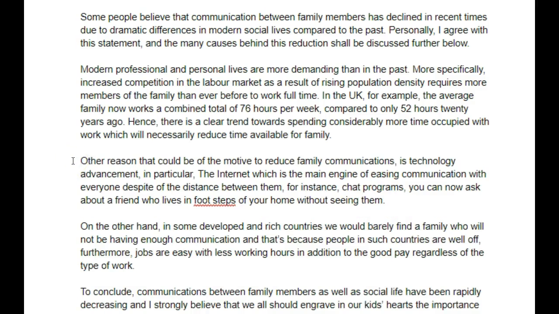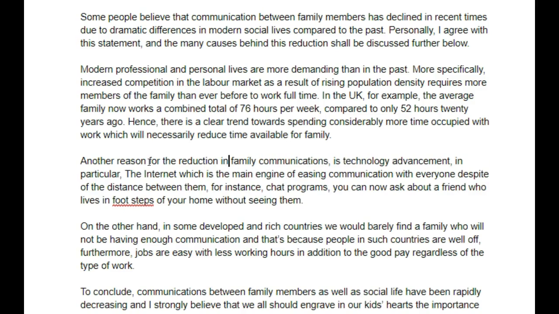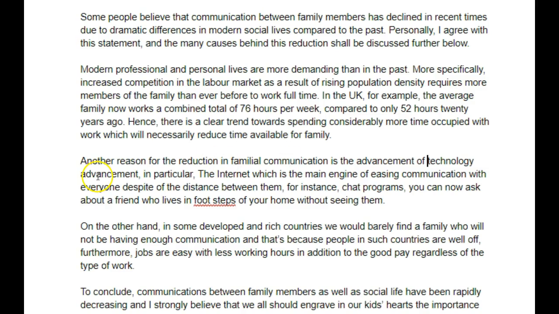And then now we can switch over to saying another reason. We've got too many words here. Another reason for the reduction in familial communication is the advancement of technology.